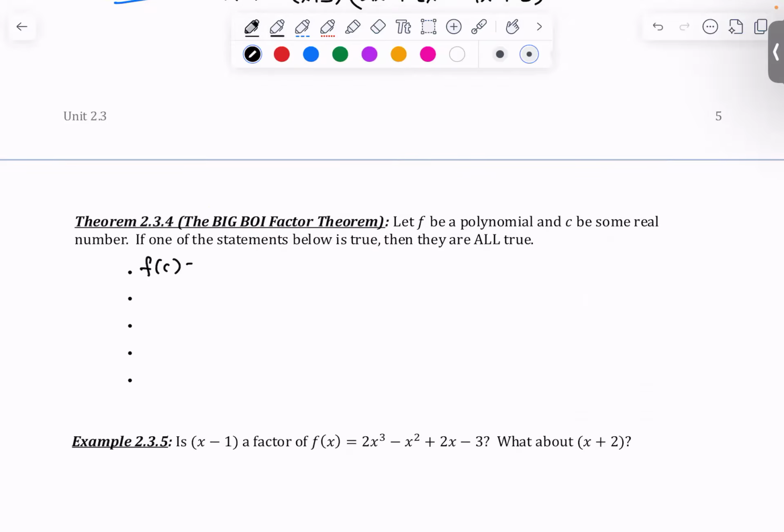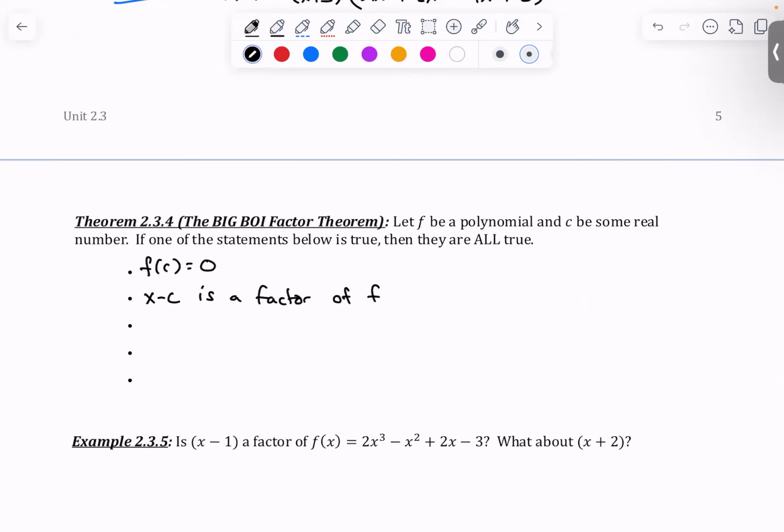If you know f of c is equal to 0, that automatically means by the factor theorem that x minus c is a factor of f. That's the factor theorem. That's already done. That was an if and only if statement. Now we have another one.